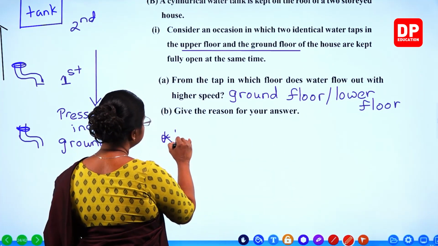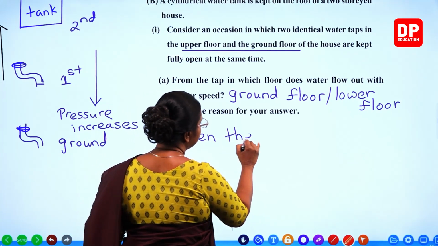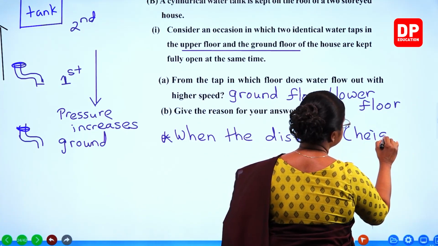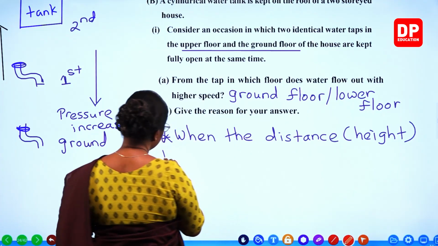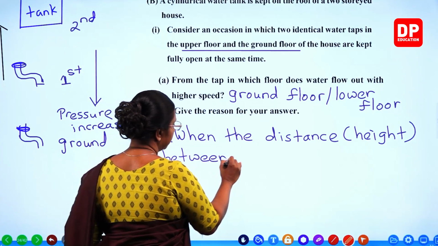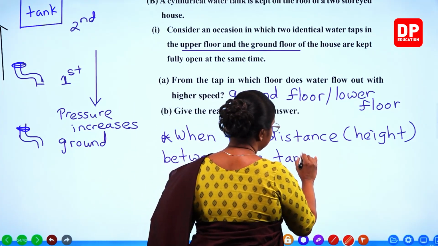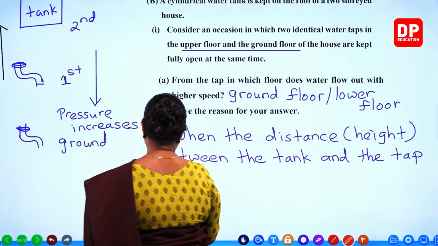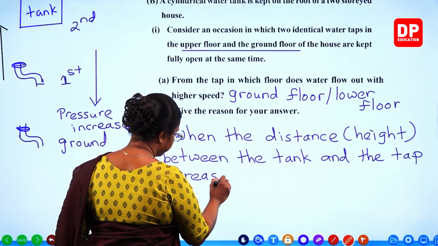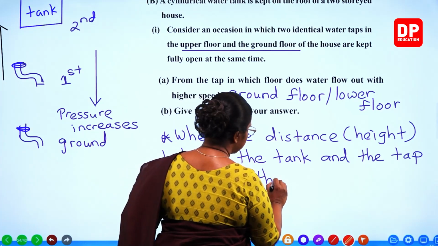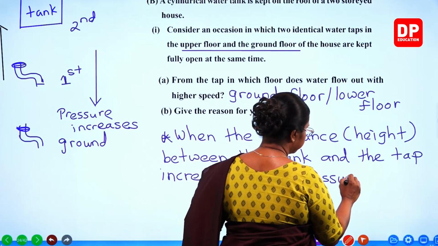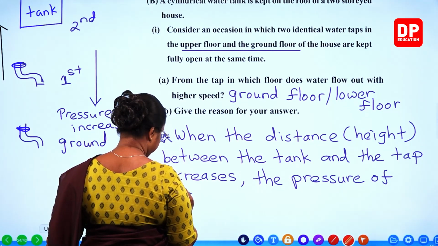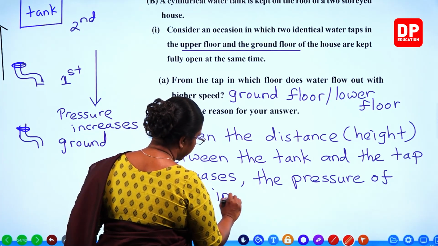You can say, when the distance, or you can say height, between the tank and the tap increases, the pressure of water increases.